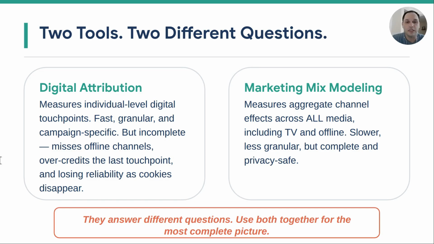It can't see TV, it can't see offline, and it overcredits the last touch point before a purchase. MMM does the opposite. It can't tell you which specific creative or campaign performed, but it measures the contribution of every channel, including offline, at an aggregate level and doesn't require any individual tracking. Used together, they give you the most complete picture of your marketing's performance.